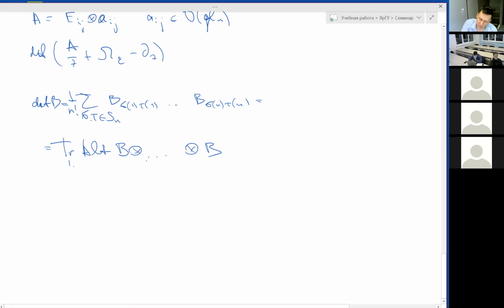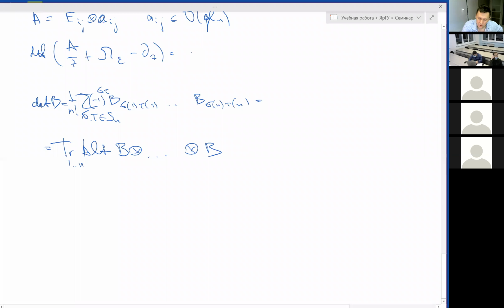Are there signs in the formula? I don't see signs. Yes, surely. Thank you very much. So the statement is the following, that this determinant... So it's minus 1 with the power of what?